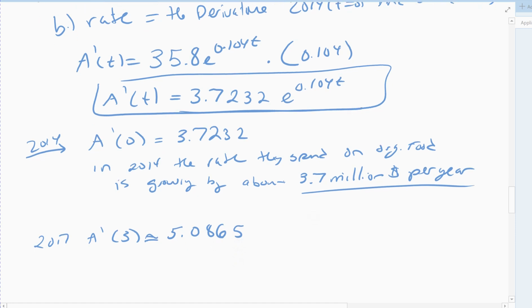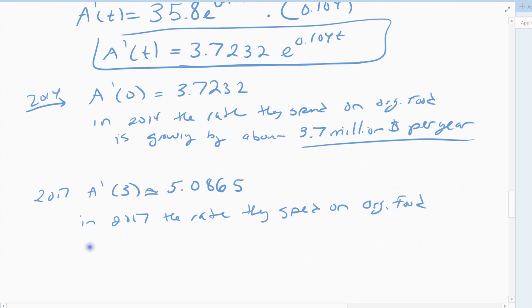Remember, it's in $1 million. So in 2017, the rate they spend on organic food is growing.